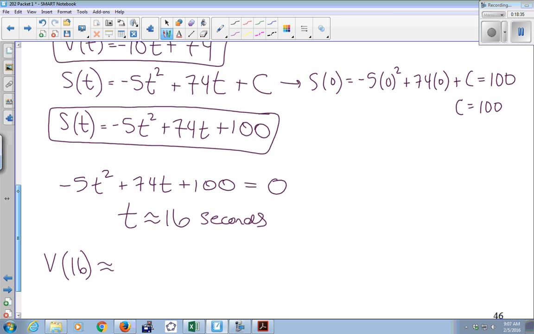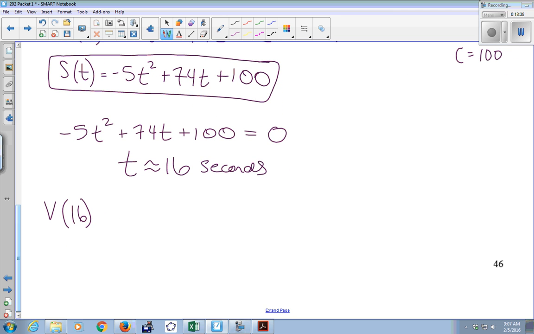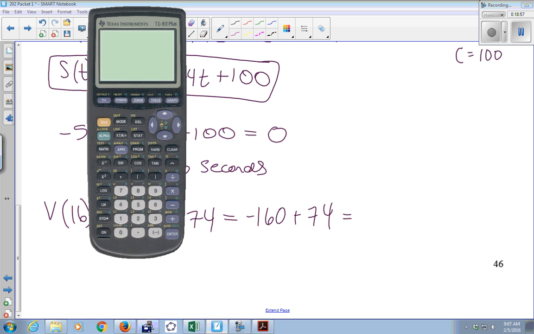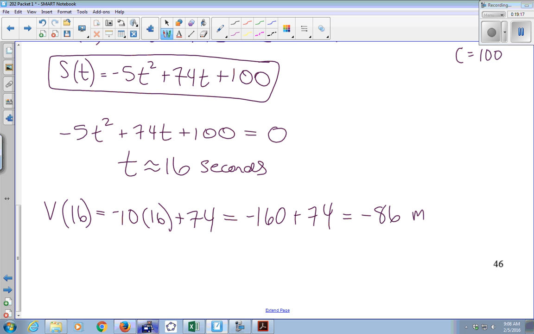So -10t plus 74. -160 plus 74. -86. And its velocity, my units for velocity are meters per second.